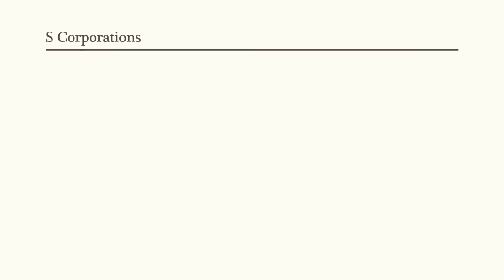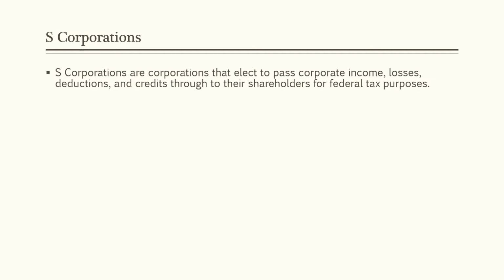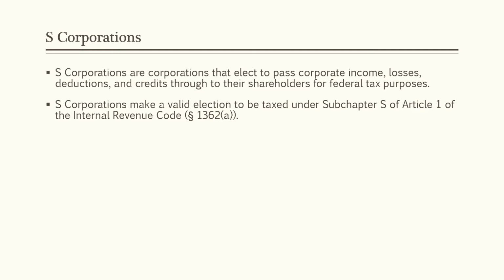Next, we will discuss a specific type of corporation called the S corporation. S corporations are corporations that elect to pass corporate income, losses, deductions, and credits through to their shareholders for federal tax purposes. S corporations make a valid election to be taxed under Subchapter S of Chapter 1 of the Internal Revenue Code.